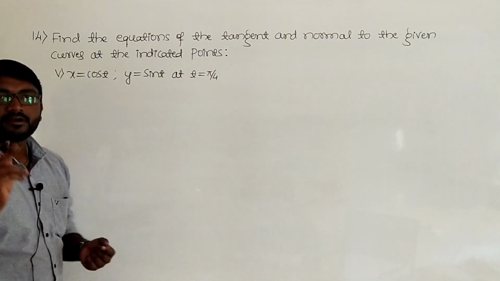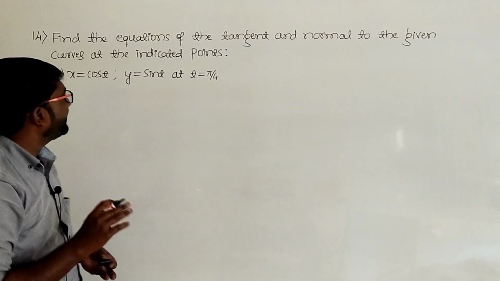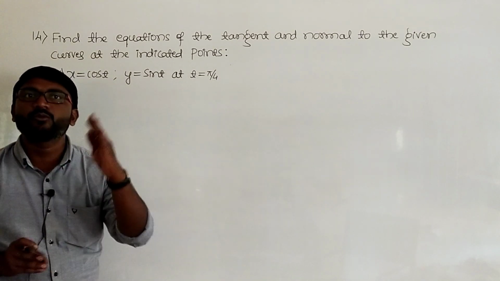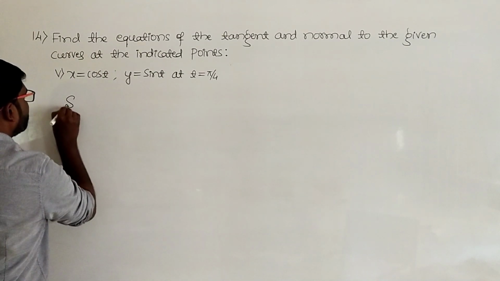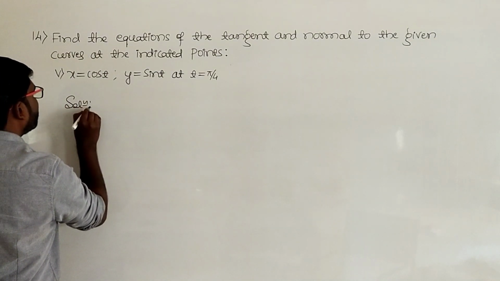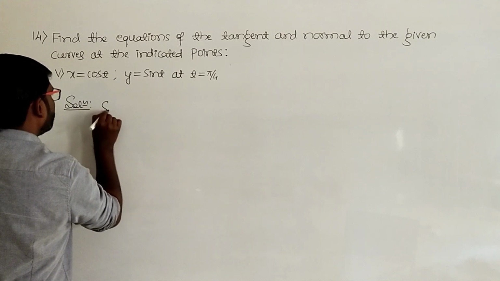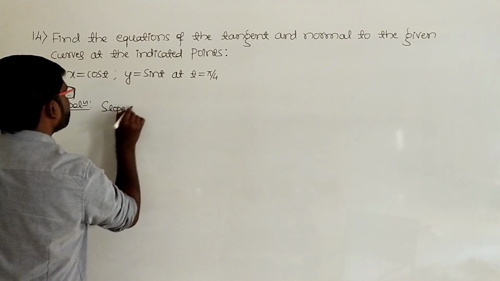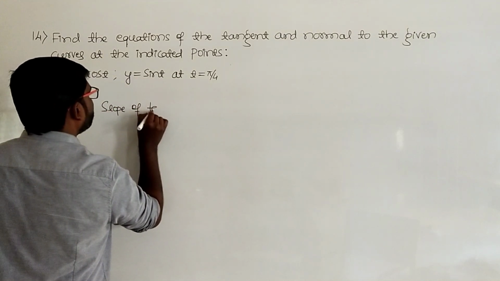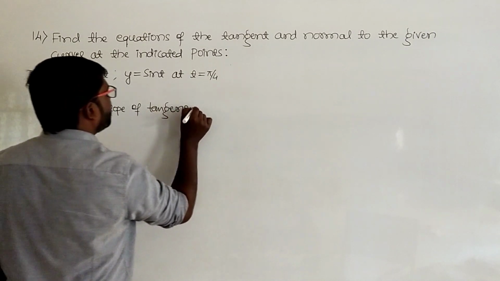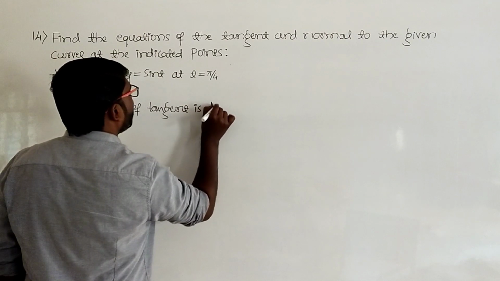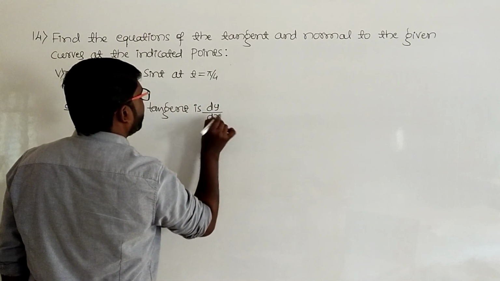So now whenever the parametric forms are given, dy by dx is going to be dy by dt whole divided by dx by dt. So here the slope of the tangent is dy by dx.